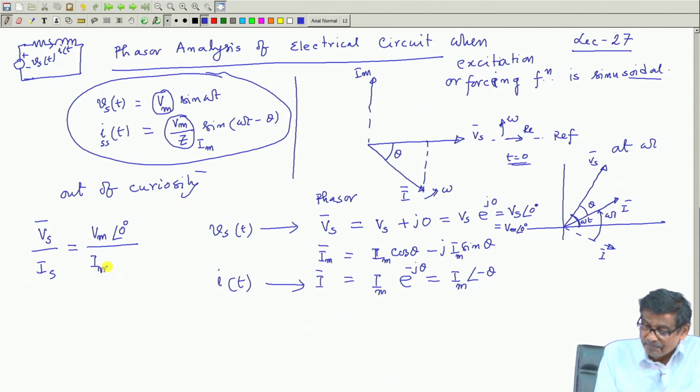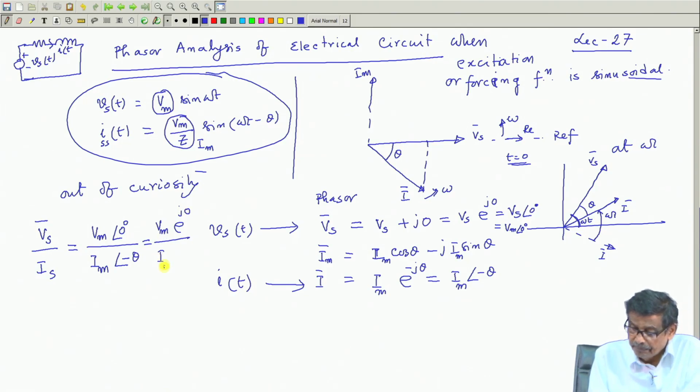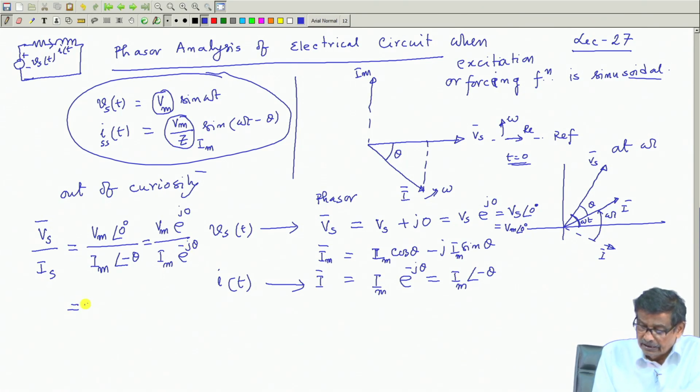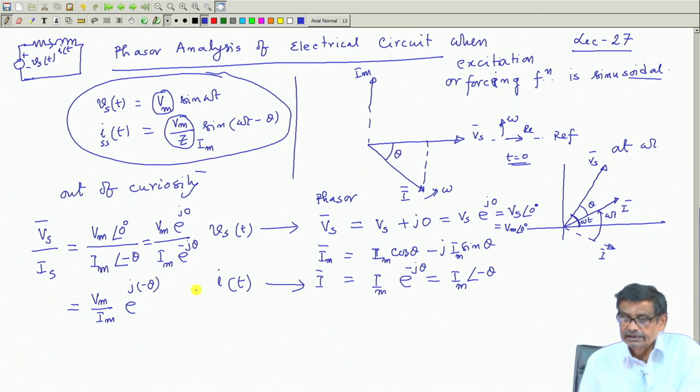So, I m with angle minus theta, and this I know is nothing but V m e to the power j 0 divided by I m e to the power minus j theta. If you divide these two, it will come out to be V m by I m, magnitude divided, and the angle gets subtracted, e to the power j theta.